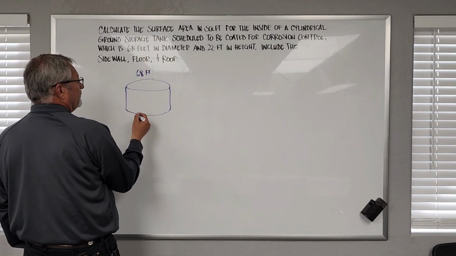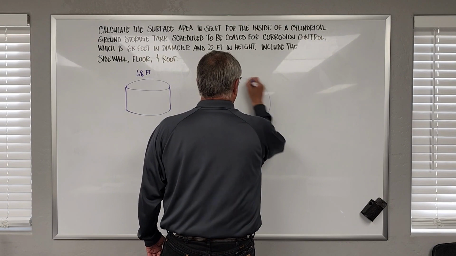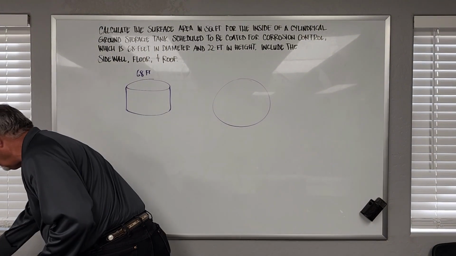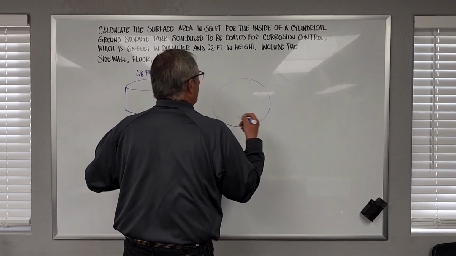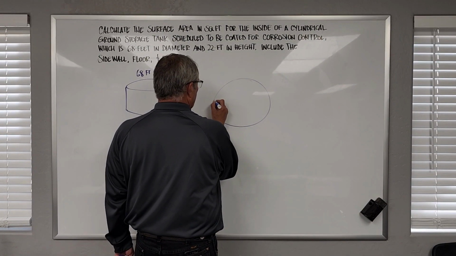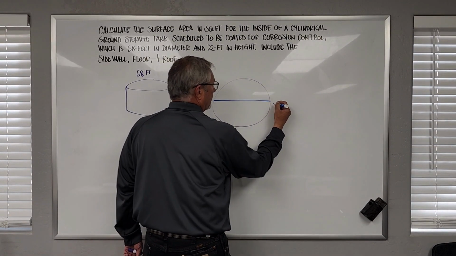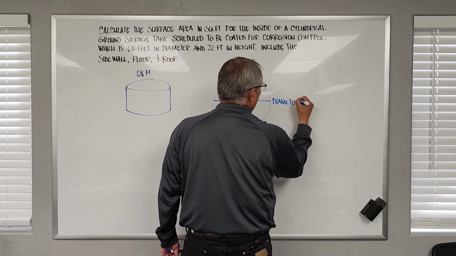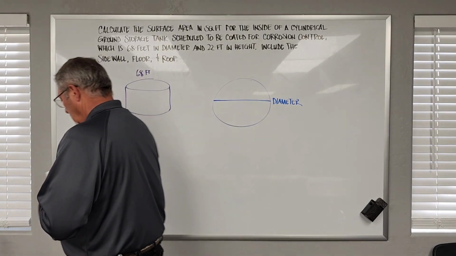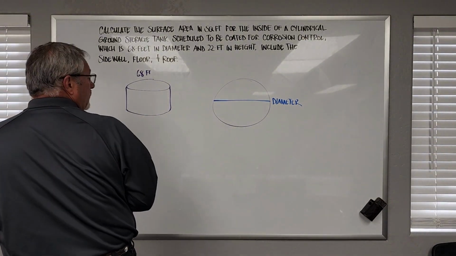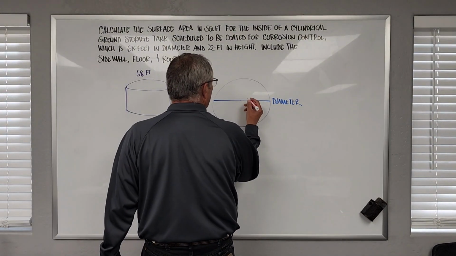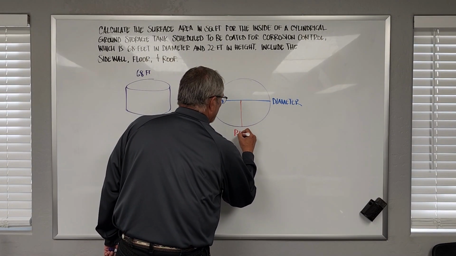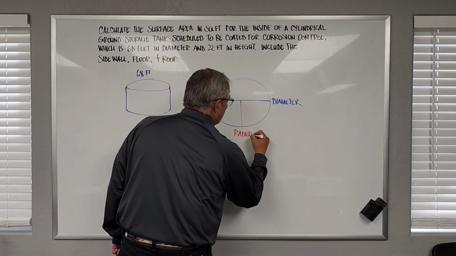Diameter is, if I take a circle and go from one side to the other, the diameter. If I go from the middle to one side, we call this the radius.